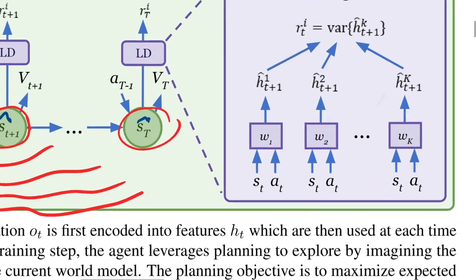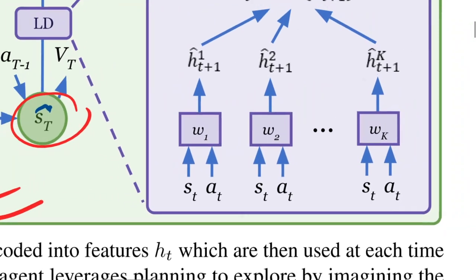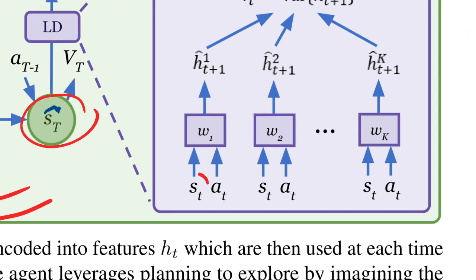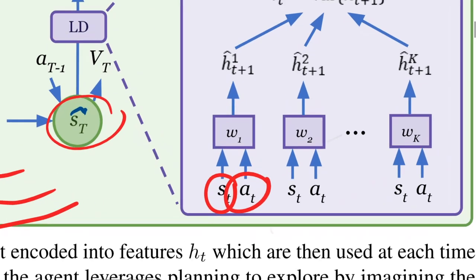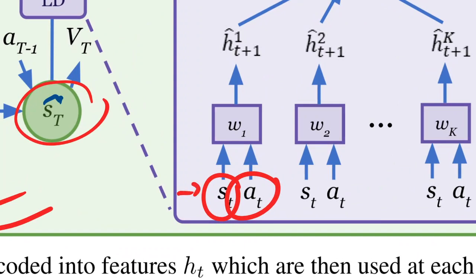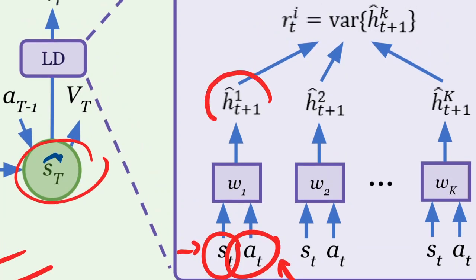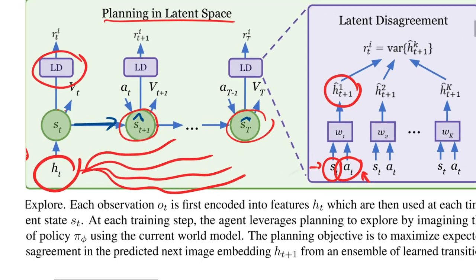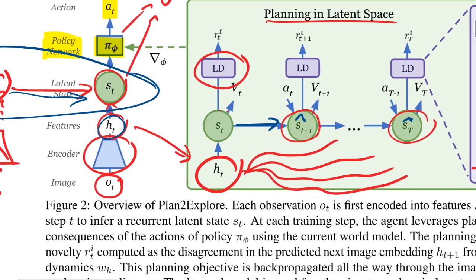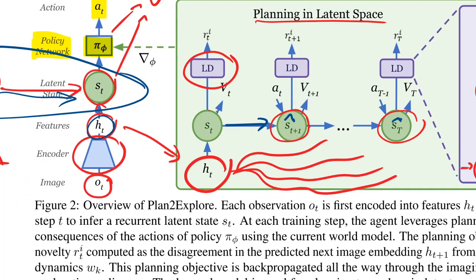But what they take in is the latent state of the model and the action that you're about to do, the action that you imagine you would do. So this is the imagined state, and this is the imagined action in that state. And then it will compute the next features. So the next, whatever in the next step would be the H.